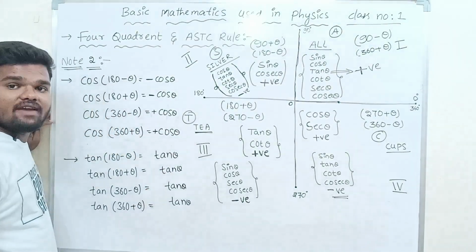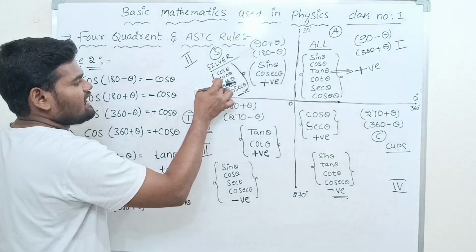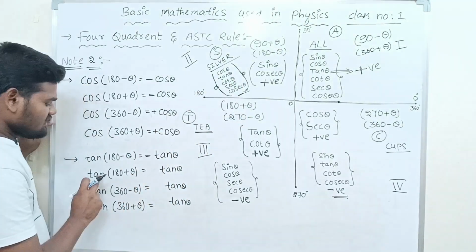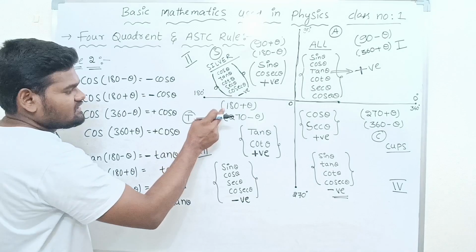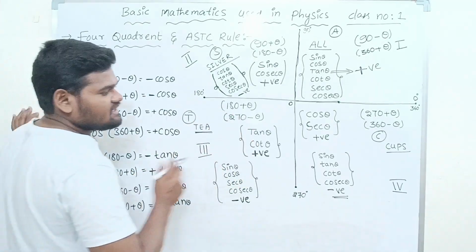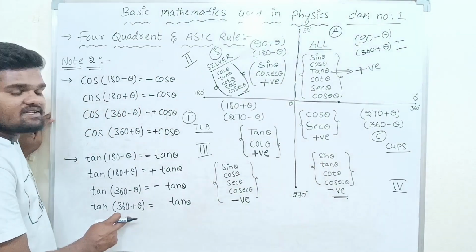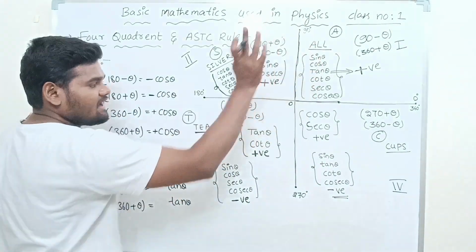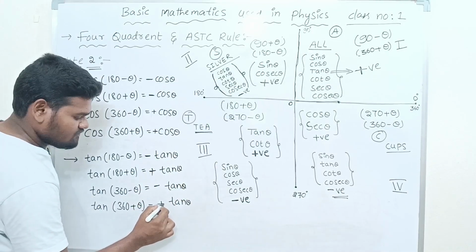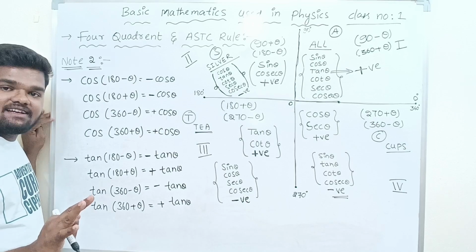But we have to check the sign. 180 minus theta, second quadrant, tan is negative. 180 plus theta, third quadrant, tan is plus. 360 minus theta, fourth quadrant, tan is negative. 360 plus theta, first quadrant, tan is positive. That's it. Is it clear?